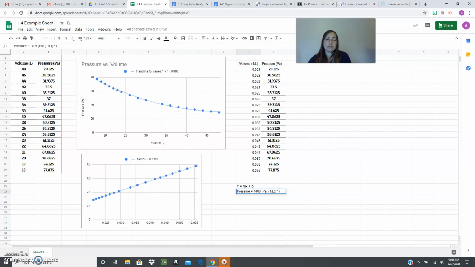All right, so then we have to multiply by 1 divided by volume. And then we add in our y-intercept, which is 0.0197. And we have to put in those units, so that is going to be pascals. Now, if we think about that, we do have a very, very small y-intercept.